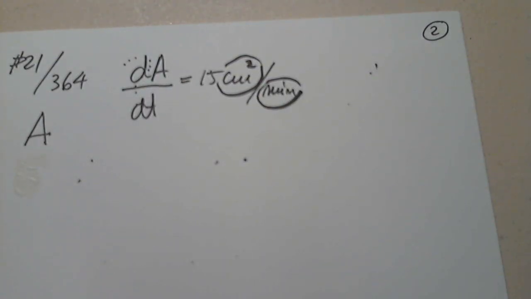Is this okay so far? Anyone? Okay. Find the rate at which the radius is changing at the moment when the radius is 7 centimeters.